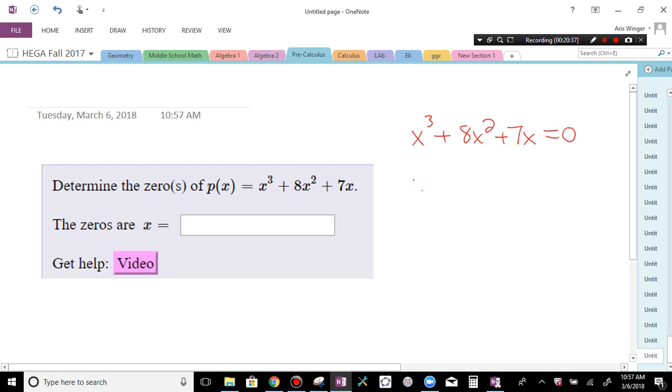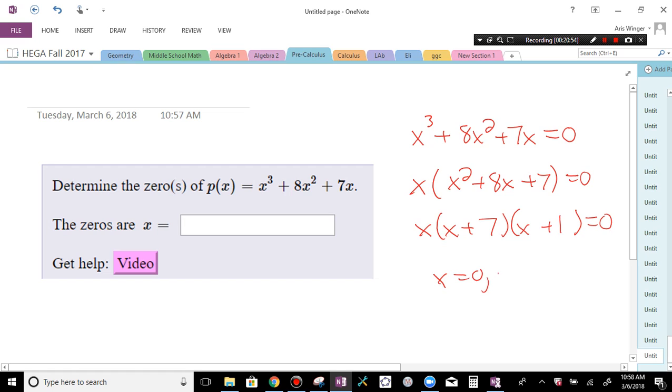They all have x in common. Factors of 7 that add up to 8. Plus 7 plus 1, 0, negative 7, negative 1. It's finding the zeros.